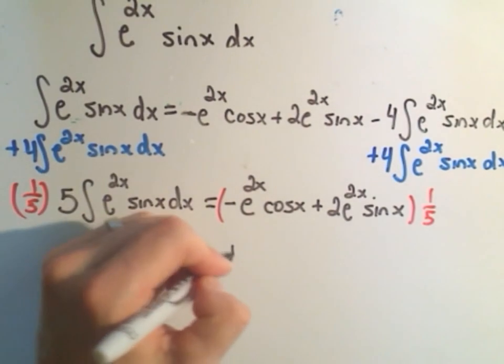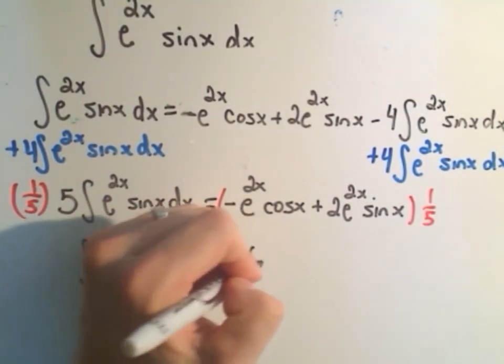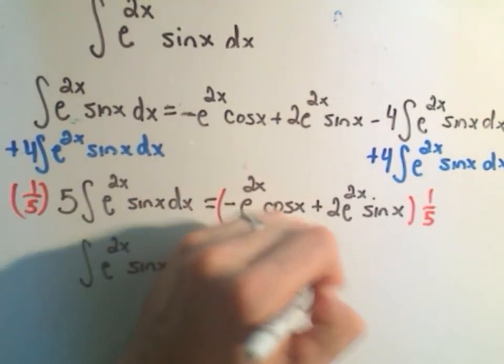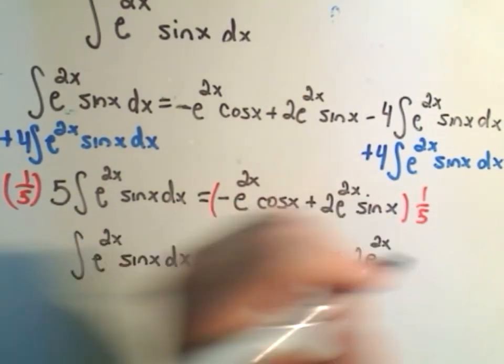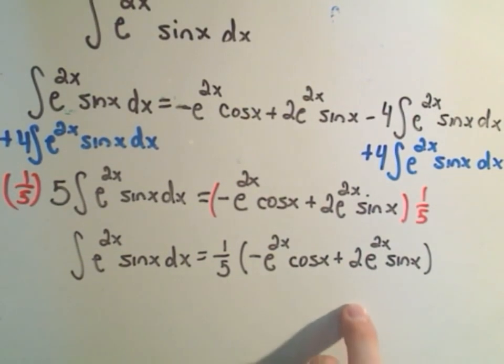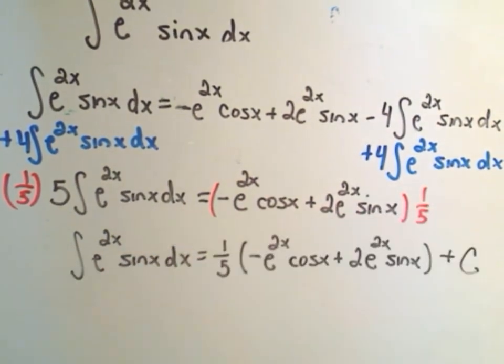On the right side, I'm going to pull the 1/5 out front and leave the inside alone: minus e to the 2x cosine x plus 2e to the 2x sine x. And now that there are no more integrals left on the right-hand side, I'm going to tag on my plus c because it is an indefinite integral.